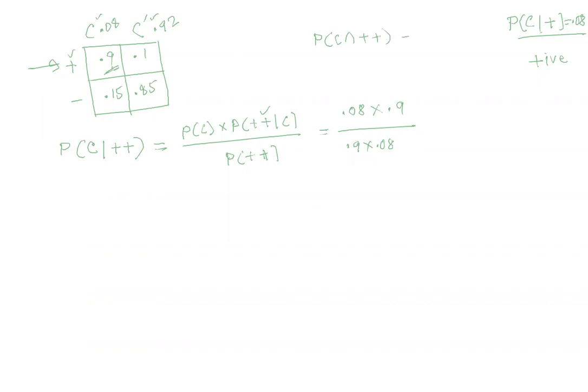Probability of having cancer and testing positive twice, plus probability of not having cancer and testing positive twice. So these are the things. This is basically just this. Testing positive twice and having cancer will be probability of cancer times the probability of testing positive twice, given that person has cancer.